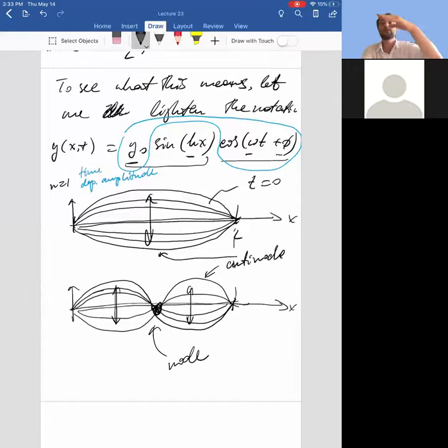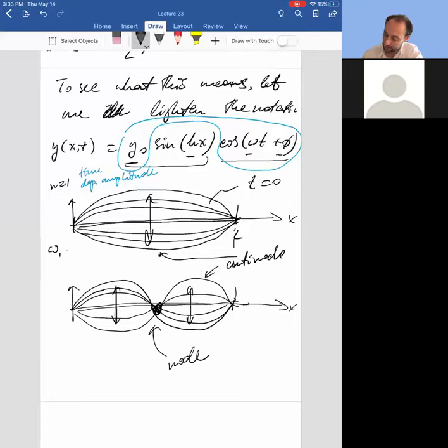But we have found a discrete ladder, a discrete set of modes, right? Each mode has its own wave number, or its own wavelength. Each mode has its own frequency.